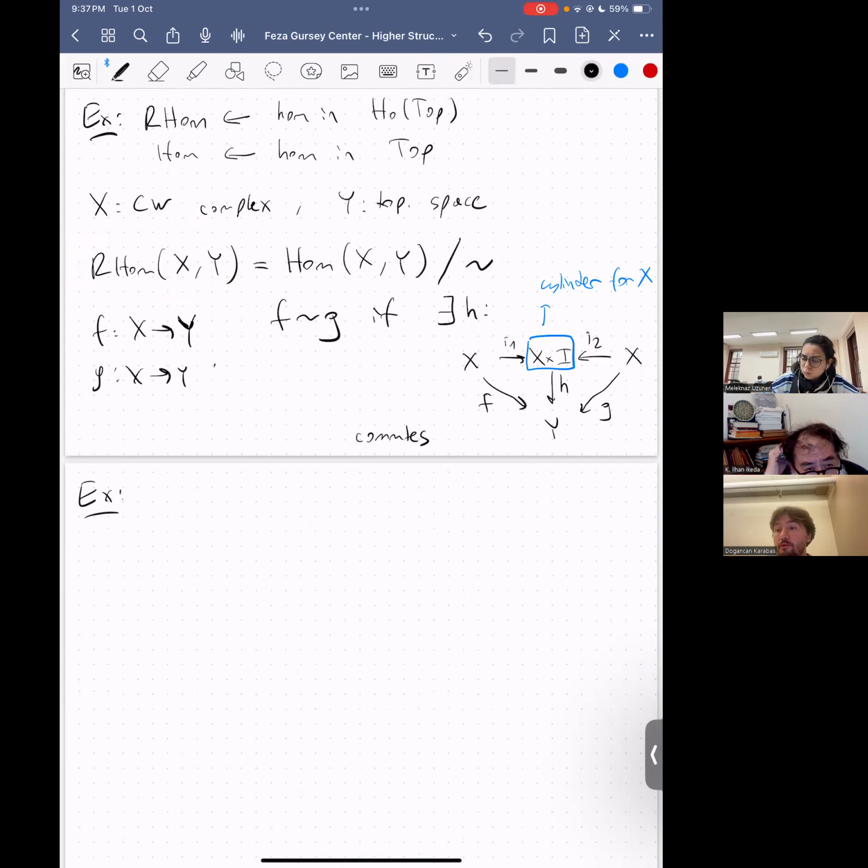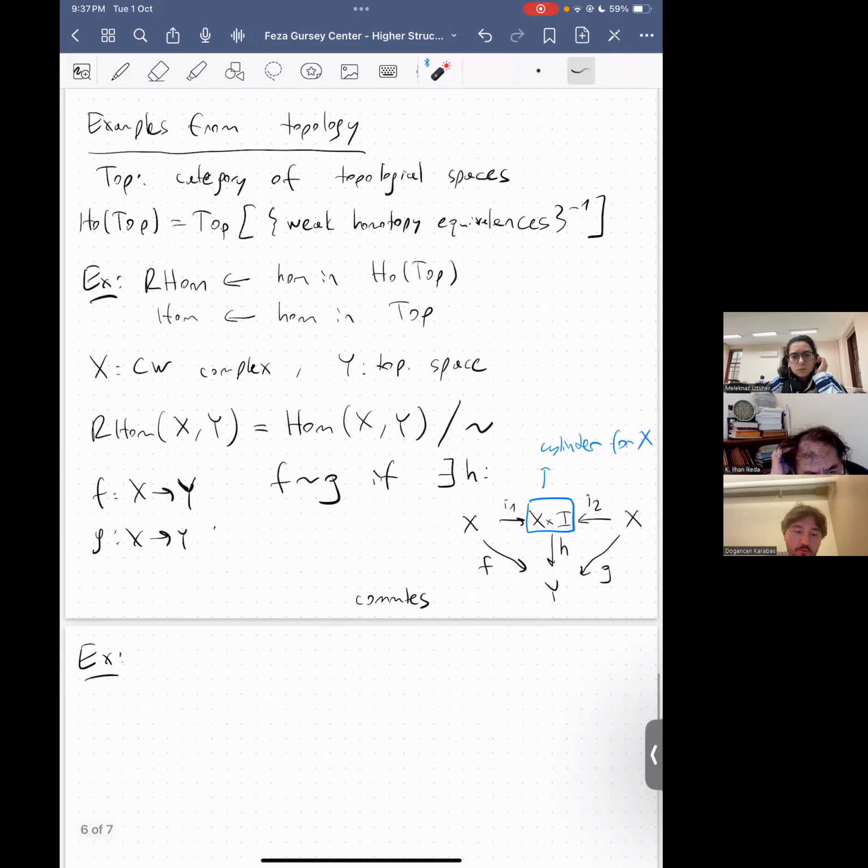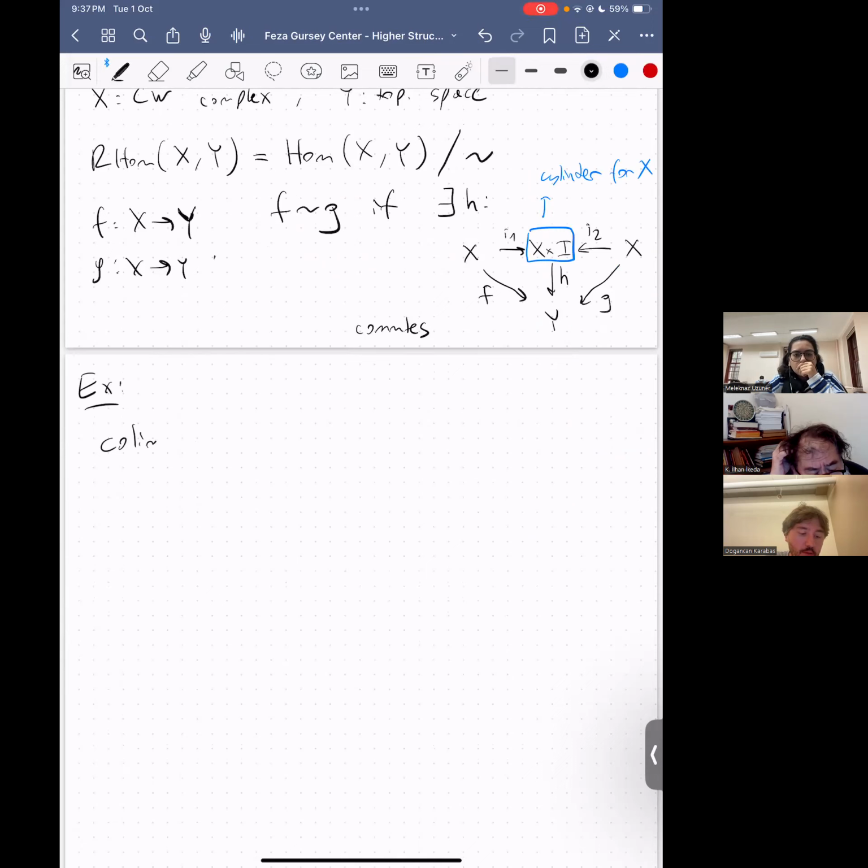What about, let's say, colimits? What happens to colimits in the homotopy category after you invert this? A colimit in topology is just gluing. For example, look at this colimit. This is a diagram of D2s and S1. D2s are disks. S1 is a circle. And this says colimit means glue, basically.